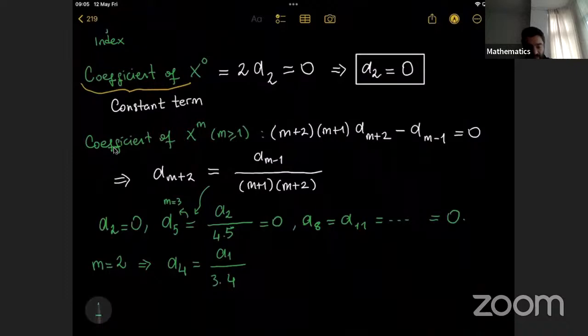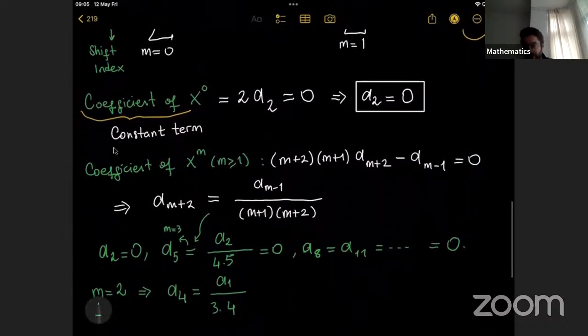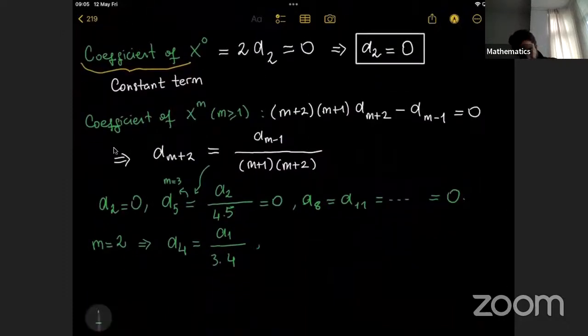That means basically A1 can be any number, and depending on A1, you find A4, A7, A10, and so on. So next, for instance, A7. What is A7? A7 is A4 over, here M is equal to 5.